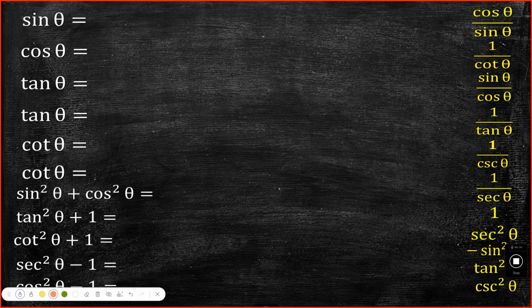All right, you don't have to copy this down. Let me just ask randomly again. Becky, the answer is on the right side. What is sine theta equal to? 1 over cosecant theta, you said?